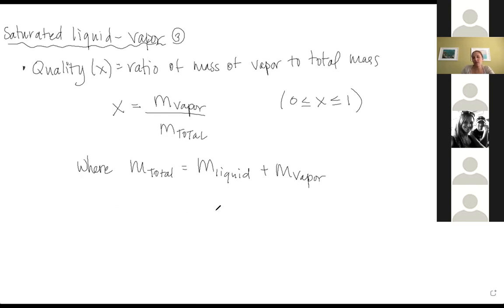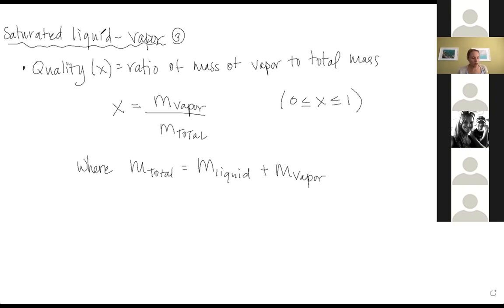So the mass of our liquid plus the mass of our vapor is equal to our mass total. This kind of logic, where our total is equal to our liquid plus our vapor, also applies to things like enthalpy. Our total enthalpy is the enthalpy of our liquid plus the enthalpy of our vapor for saturated liquid vapors. But quality is only for saturated liquid vapor. If you see the word quality, if you see an X, you know for sure it's saturated liquid vapor. It's not a compressed liquid. It's not a superheated vapor. It's not a saturated liquid. It is only a saturated liquid vapor.